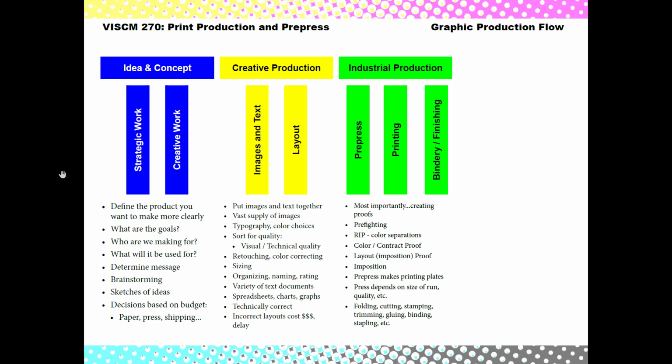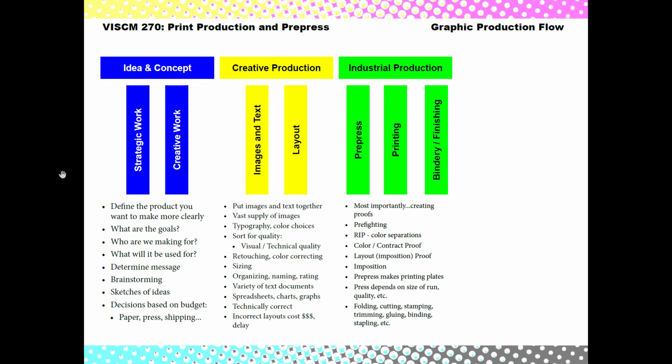So like folding, collating, stapling, punching holes, binding, gluing, anything that needs to be done to get your printed paper into its final product form. We call that bindery. It's a general term, or finishing.